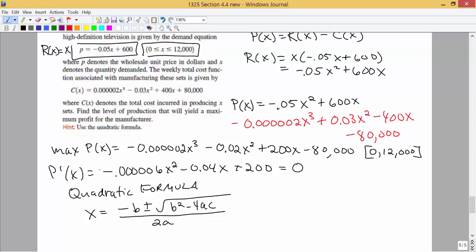And in this case, the a is what's in front of x squared, the b is what's in front of x, and the c is what's without x. It's just a constant, it has no variable.